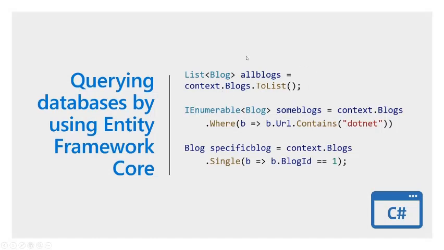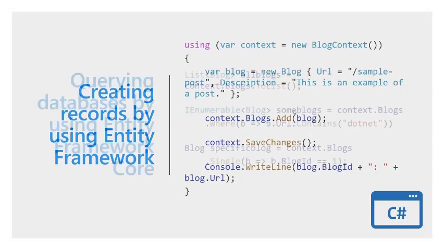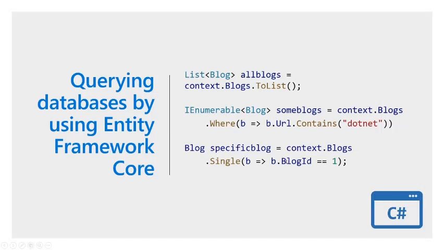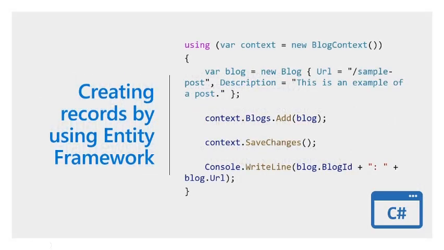So here you are loading all the blogs from the database, and then with the Where condition you say if the URL contains .NET, then you will have some blogs here. Or you can just say Single, and then you can get only one.